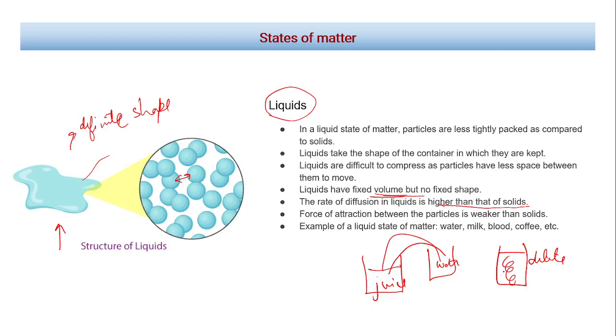There won't be any distinct layer unless some density difference is there. That is another matter, but if there is no density problem, they will just mix with each other. The force of attraction between the particles is weaker than in solids, of course, that's why they are flowy like this. An example is any liquid. This is very common, we all know: water, milk, blood, coffee, whatever.